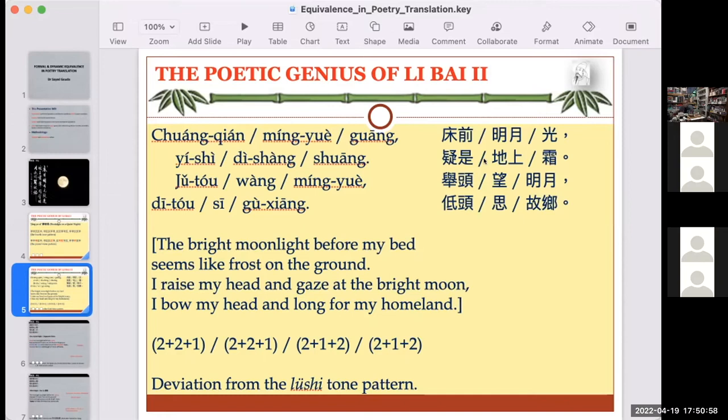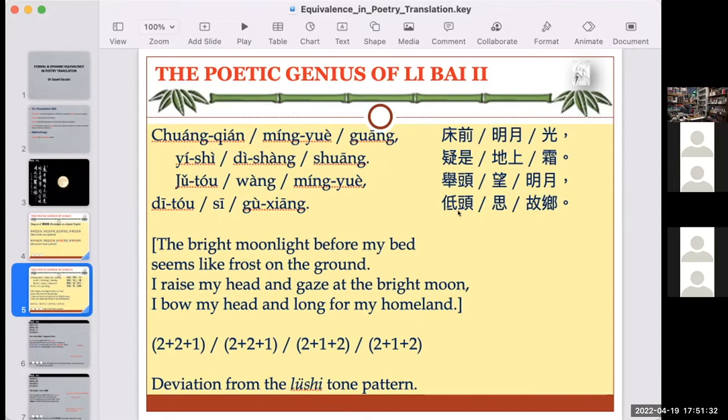He just looked at the floor, and he saw the frost, and he thought it seems like frost, but actually it's the moonlight. Everything is just natural. He's a natural being, in a natural condition. But once he remembered his family, and he started to long for his family, to go back, then there is tension here.